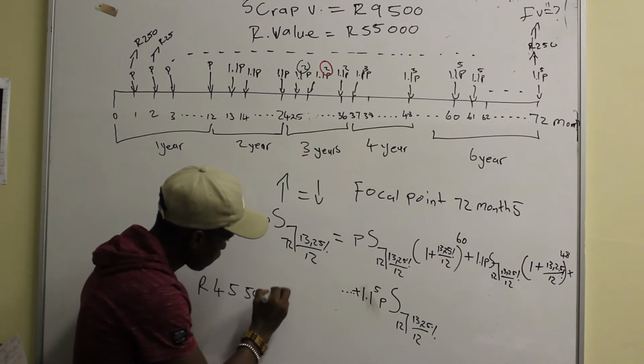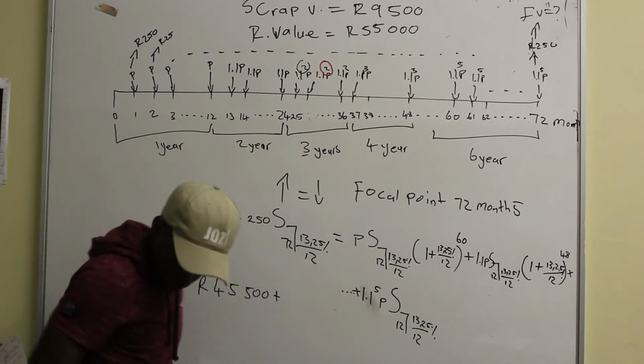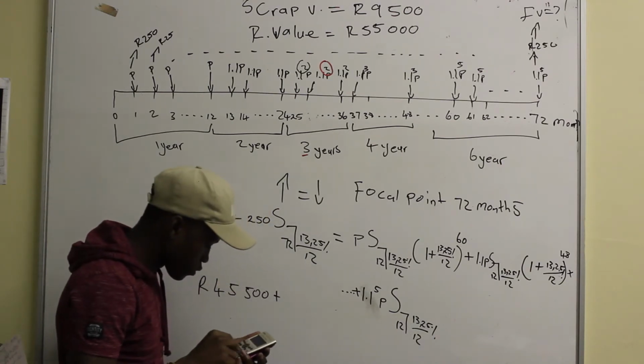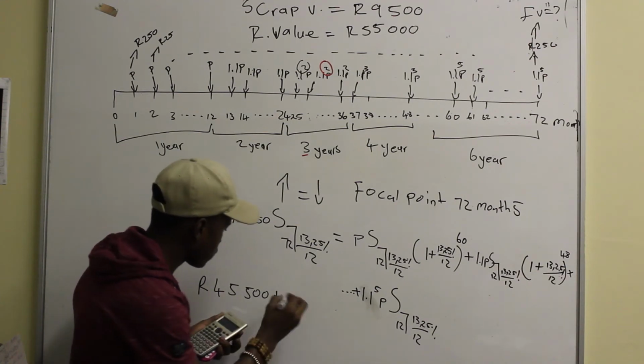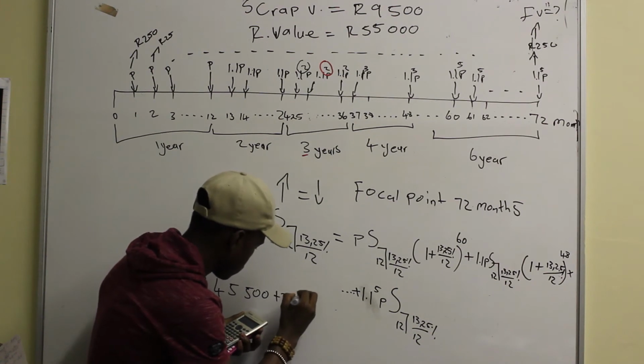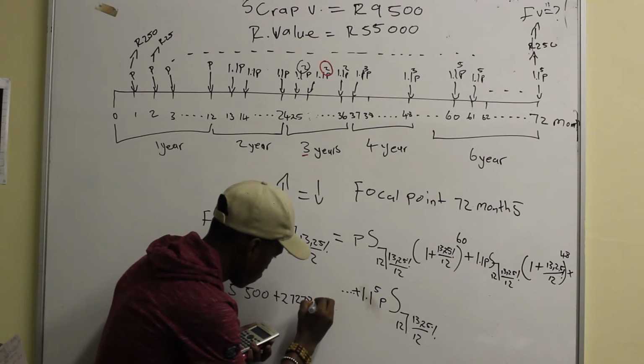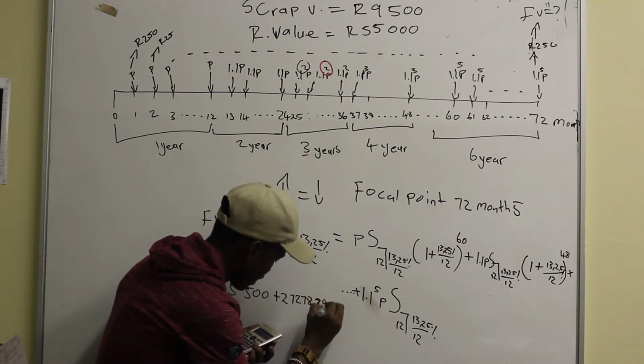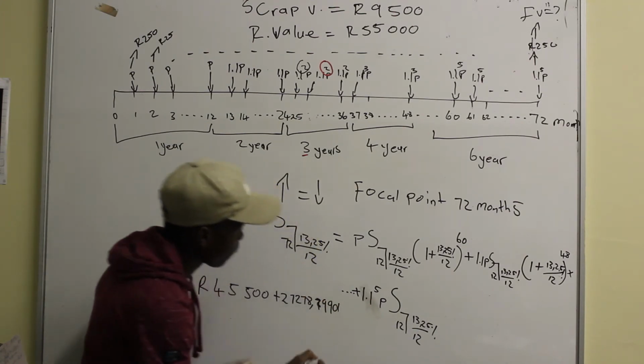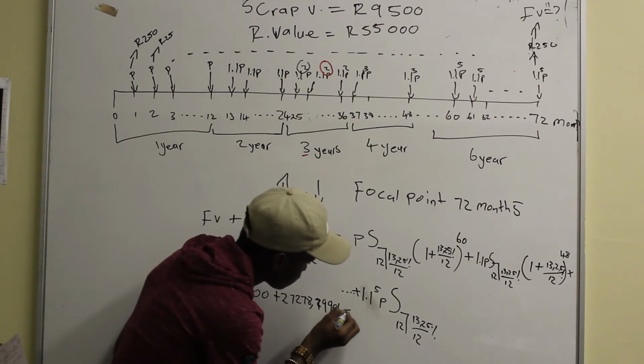The future value amount was 45,500. Then you plus this whole thing. We're getting 27278.79901, and then we're saying equal to.